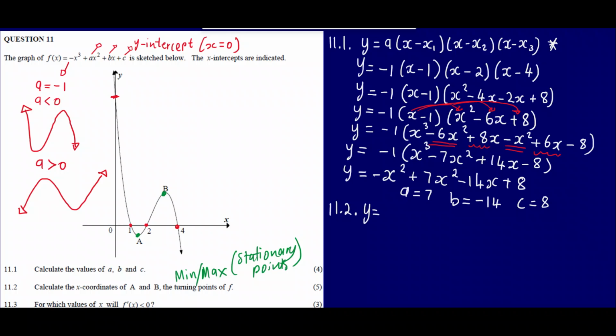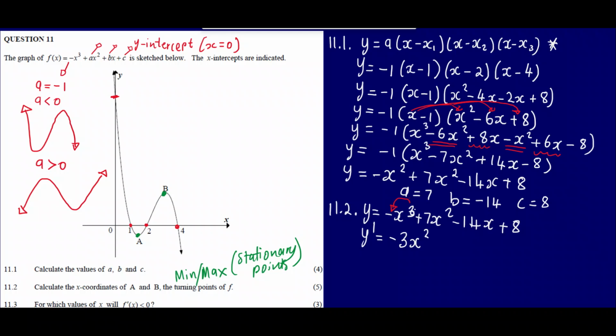Stationary points, right? So the first thing that we do, we take the equation of the graph, minus x cubed plus 7x squared minus 14x, and then we get the first derivative, which is going to be minus 3x squared, because when you do the power rule, you take the exponent, multiply with the coefficient, and minus 1 from the exponent, right?